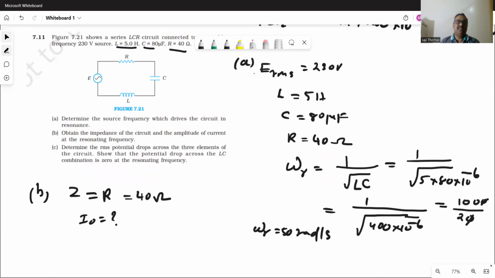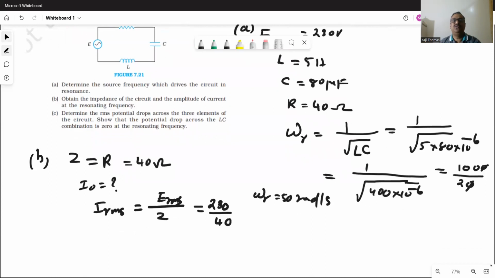You know ERMS and impedance. You can find IRMS first. What is the equation? IRMS is ERMS divided by Z. But Z is R here. ERMS is given as 230, divided by 40. This is IRMS.